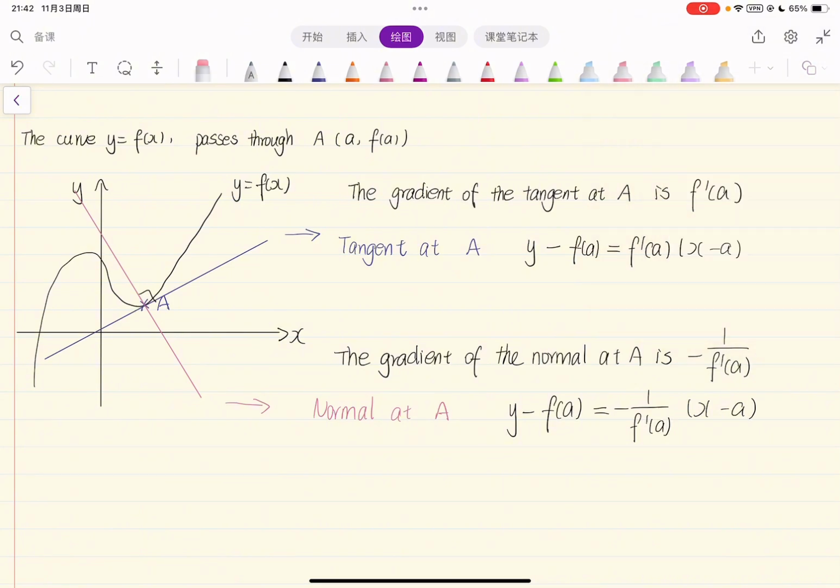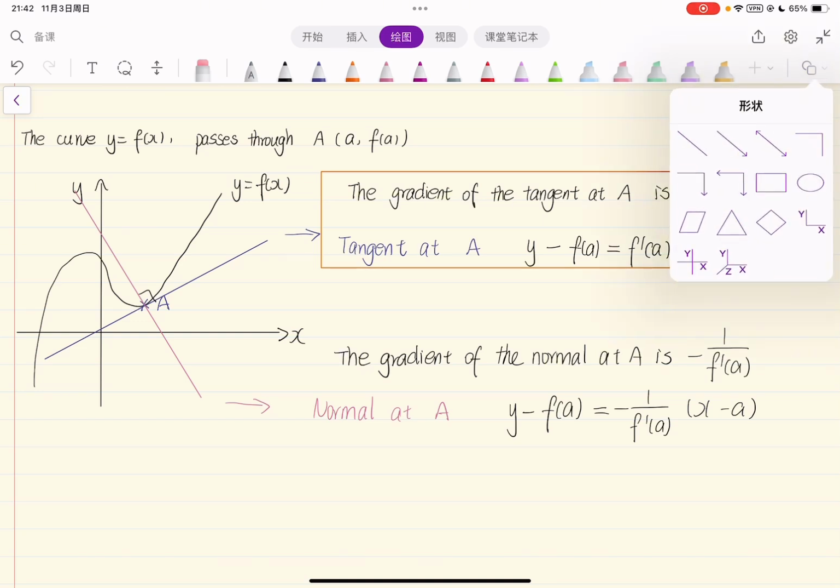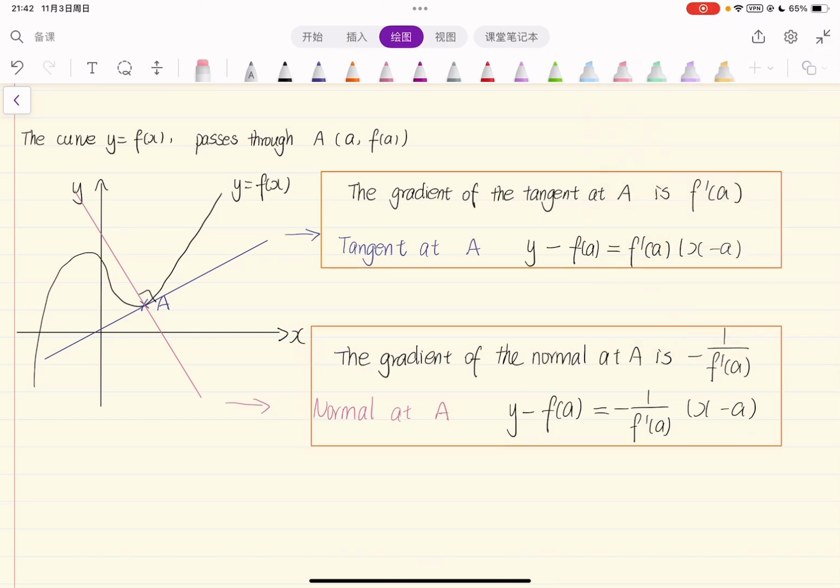Now we know the equation of the tangent at a given point and also the equation of the normal at a given point to the curve. Let's see how to solve the questions.